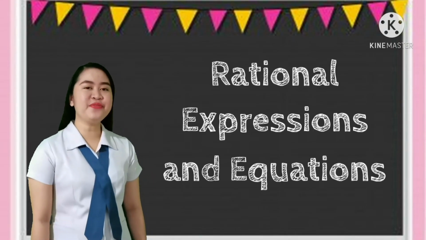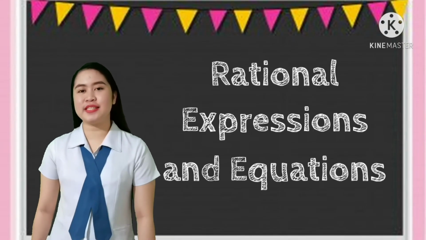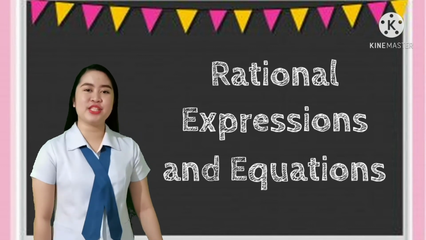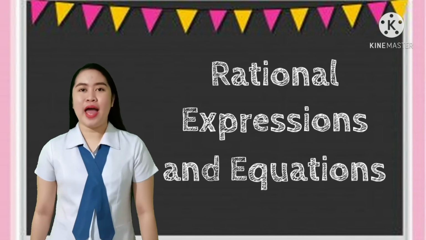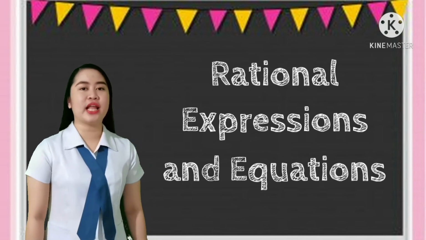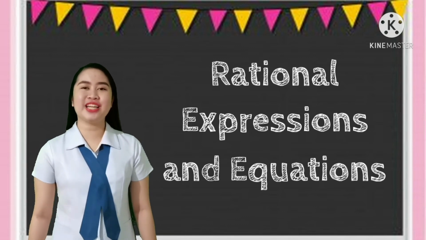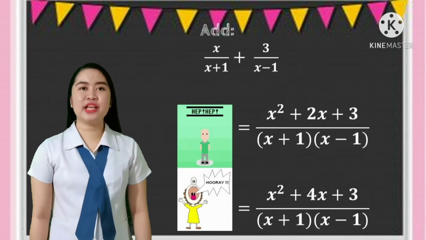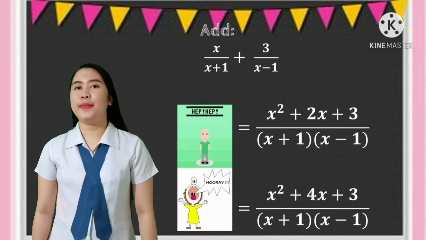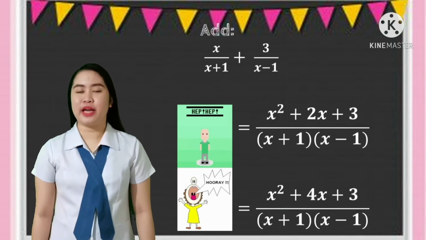Learners, it's time for you to try solving by yourself because practice makes perfect. So, get your pen and paper with you and let's try to solve addition and subtraction of rational expressions. Add x over x plus 1 plus 3 over x minus 1.